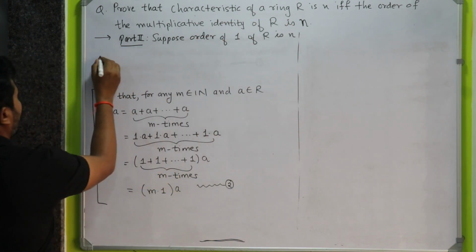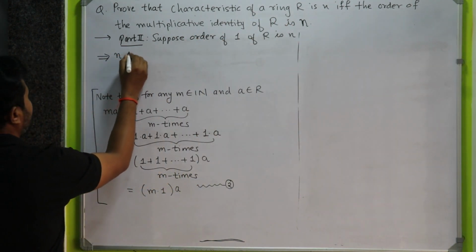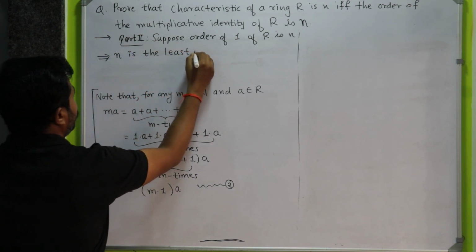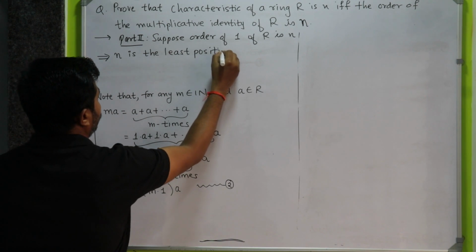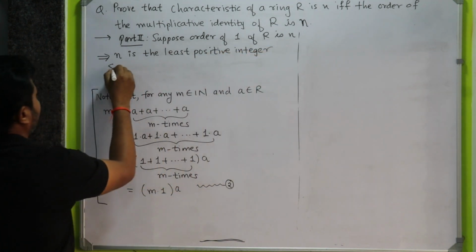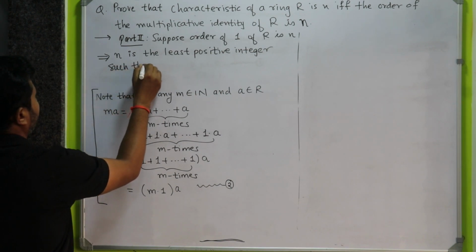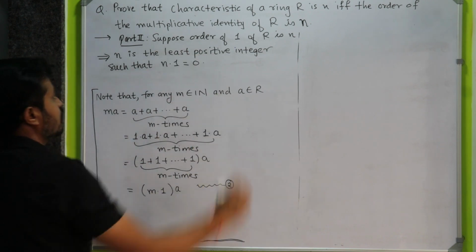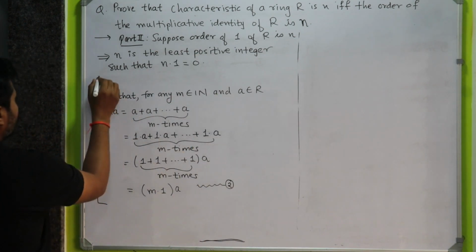What does it imply? According to the definition, this implies n is the least positive integer such that n into 1 is actually equal to 0. Now what we have to prove here?